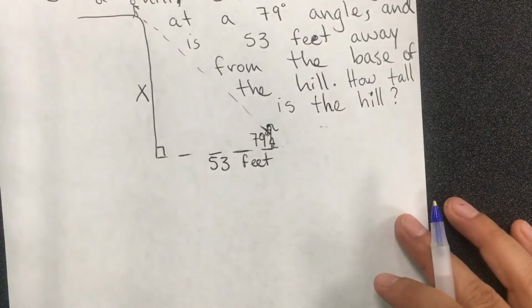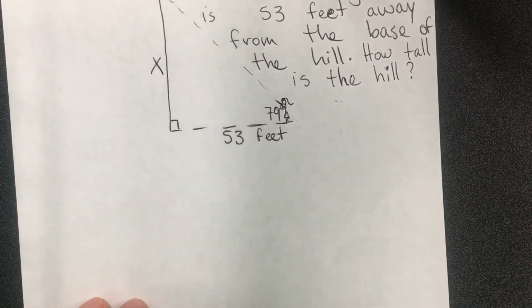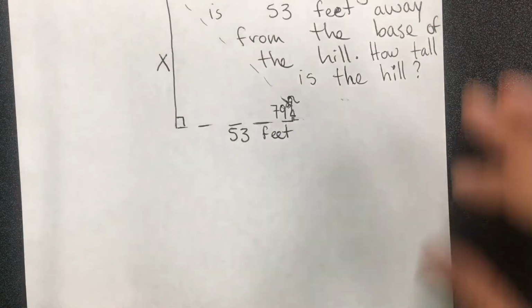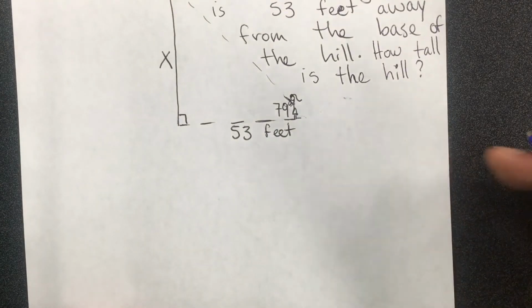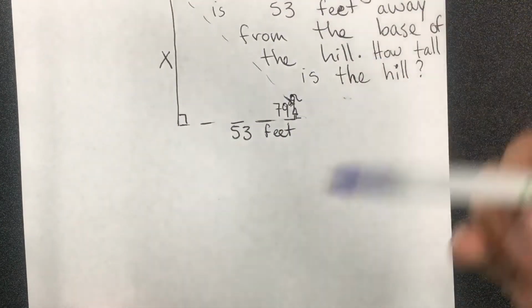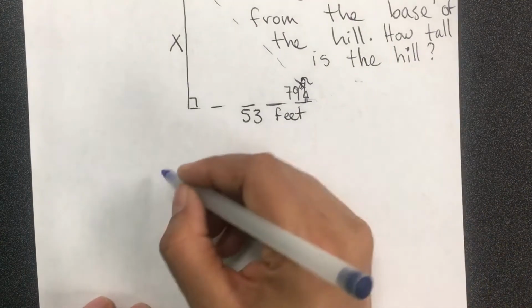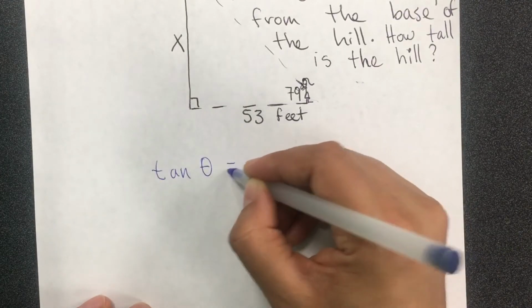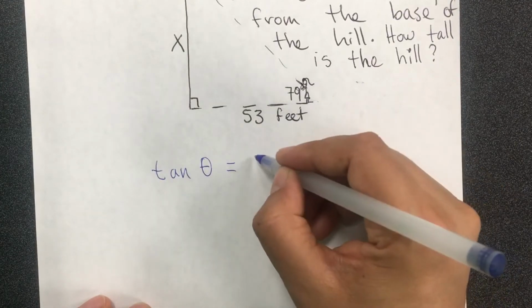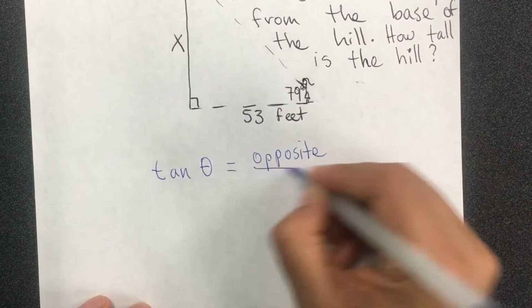And so this is what we're going to do. I'm going to show you with two different calculators how to find that, because sometimes that's the tricky part, not that you don't understand the concept of tangent, but rather how to use it in the calculator. We already said that tangent of theta is equal to opposite over hypotenuse.